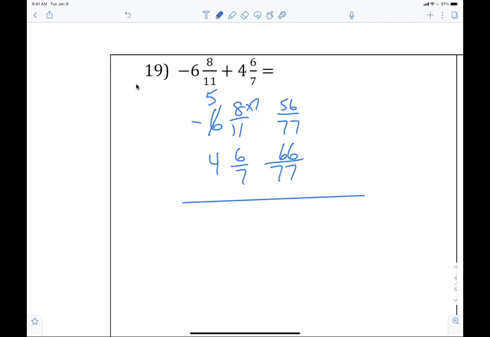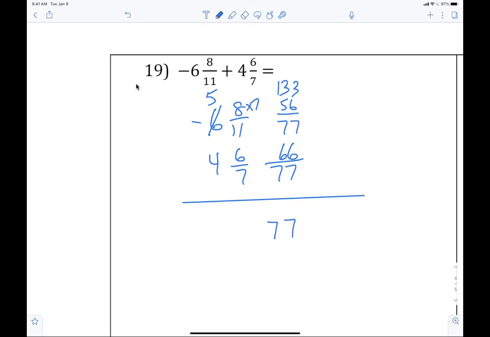34, 7 plus 6. 13, 7 plus 5. 12. You agree with that? Mhm. And now we can do the subtraction. Okay, so 133 minus 66 is 77.